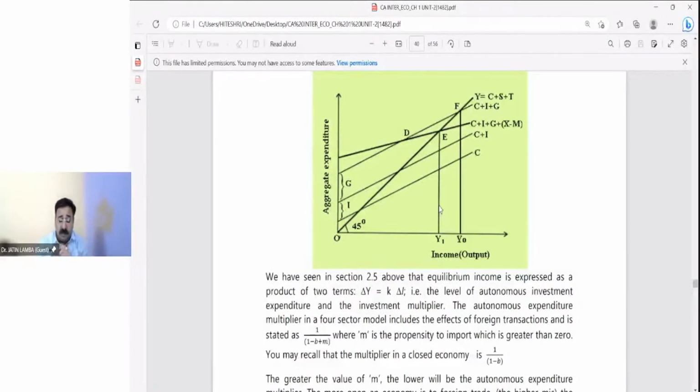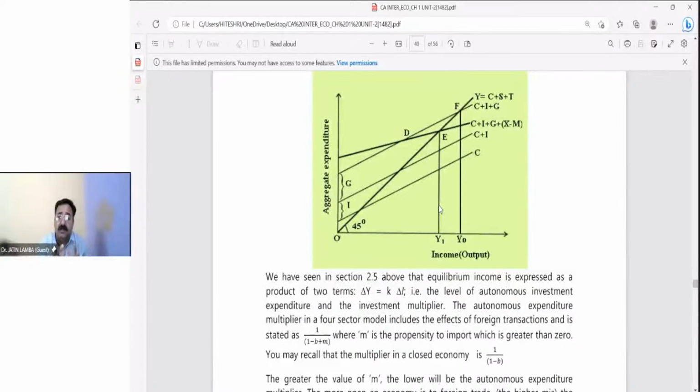See, empirical consumption means whatever consumption function we are already using, that is the consumption which depends on the income, right?